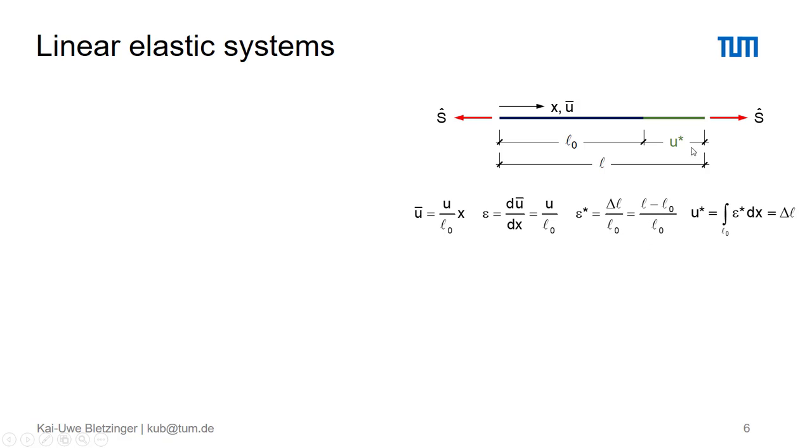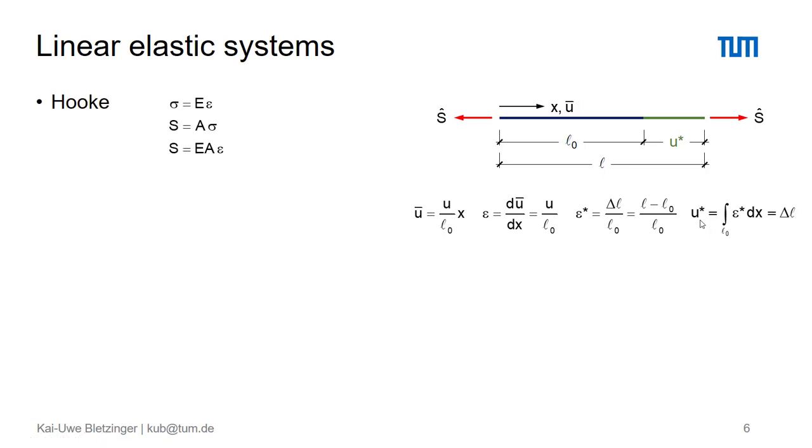That is quite obvious. The final tip displacement U star is of course the same as the elongation of the bar, the difference between the actual length and the initial length. We have to integrate epsilon star over the initial length, also called the reference length, to receive the final tip displacement.